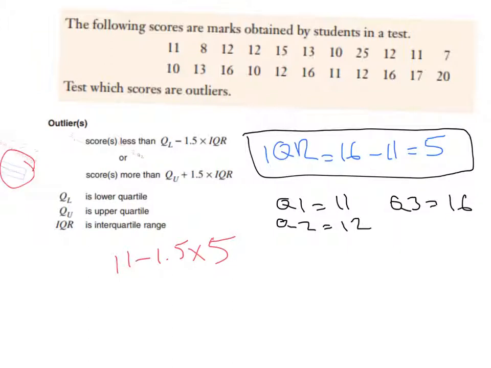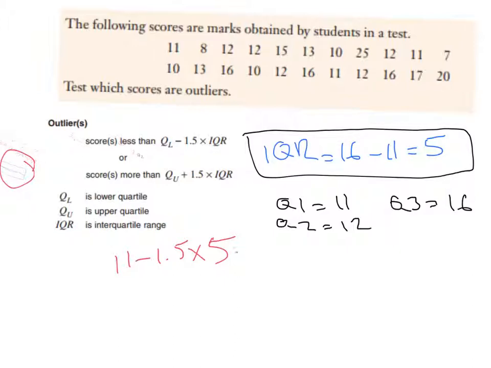What's 11 take away 7.5? 11 take away 7 is 4, and then take away another half is 3.5. So that's what the outside limit is.